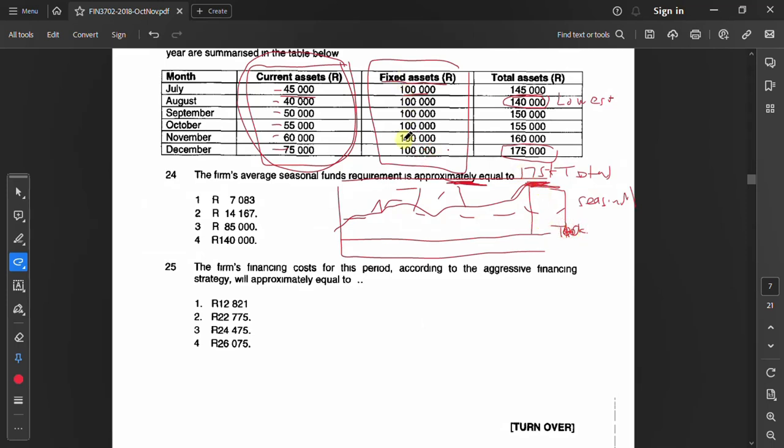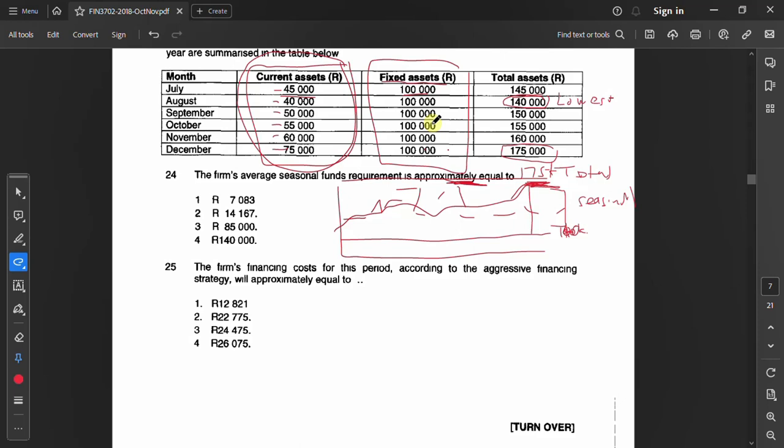In this case, the lowest point, did they give you a table here? No, they didn't. They haven't drawn the table. The lowest point of total assets is what you need as a basis, because the current is the seasonal portion, but because I've got fixed and current, that's giving me my total.